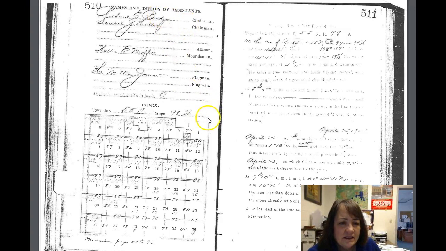This is an old style of field notes that was actually taken. It's not the style that we use. If you look right here where my arrow is pointing, the date that these notes were taken was April 25th, 1905. That was 112 years ago, or nearly 113 years ago.